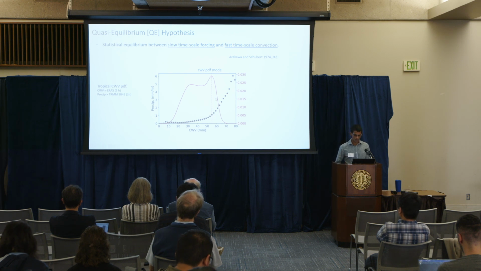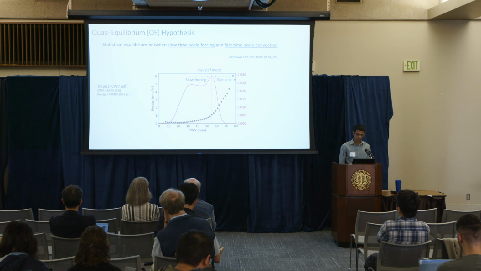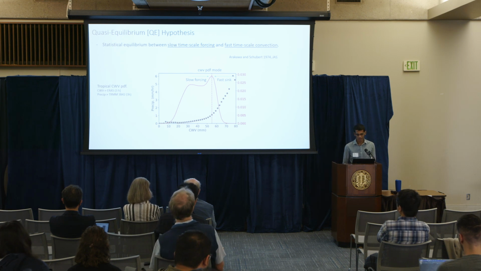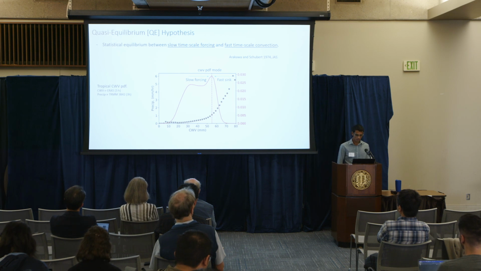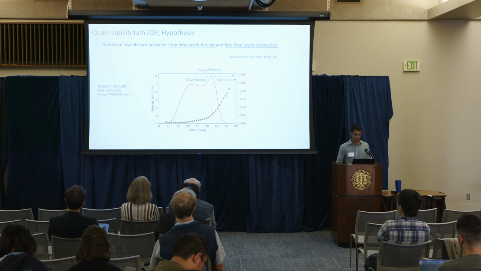But if you're above the mode, then you precipitate substantially. Our interpretation is that this mode is sustained by an equilibrium between a slow forcing that tends to moisten the environment and a fast sink, which in this case is precipitation, the proxy for convection. This mode is a manifestation of QE in action.